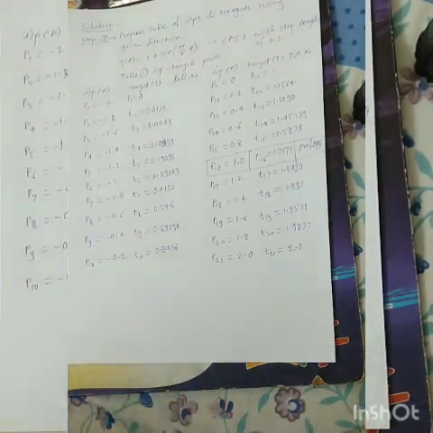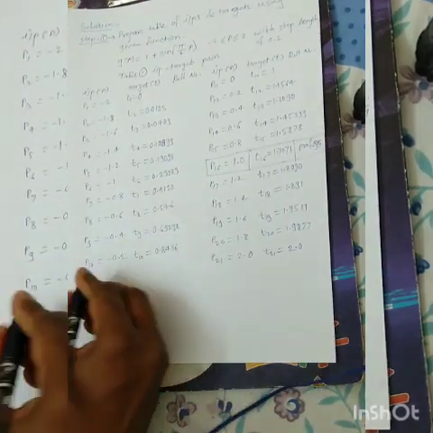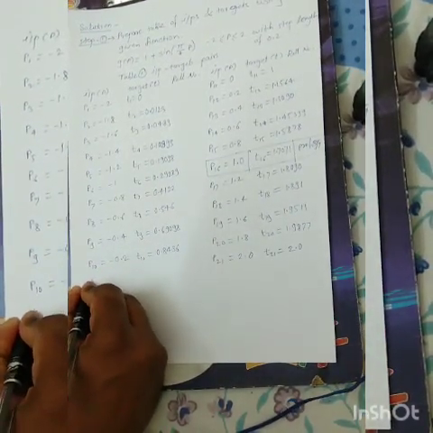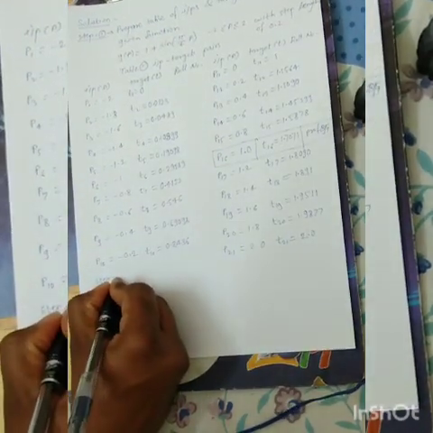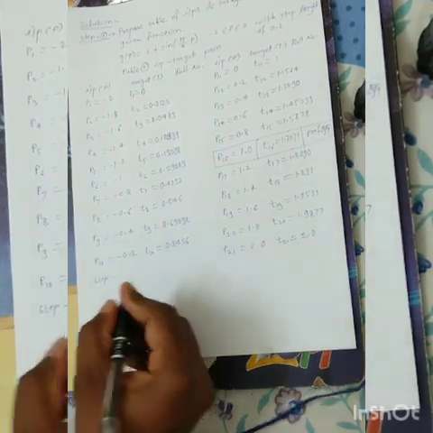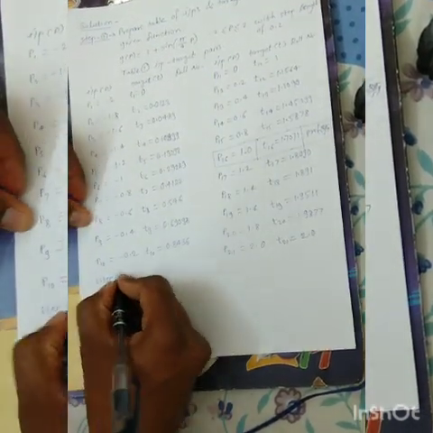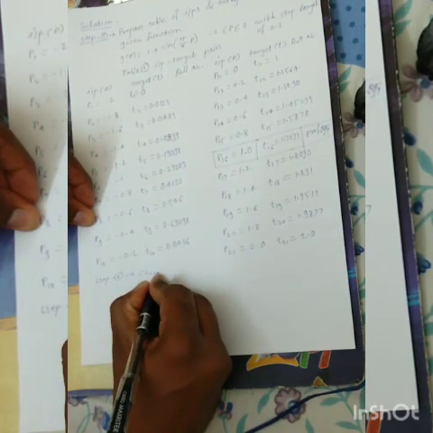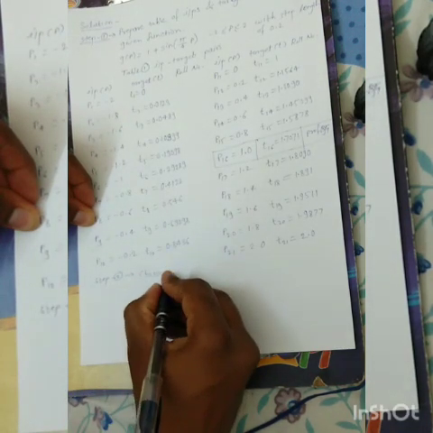Okay, therefore the next step will be, I will solve here. Step 2, here we will choose any input target pair randomly.